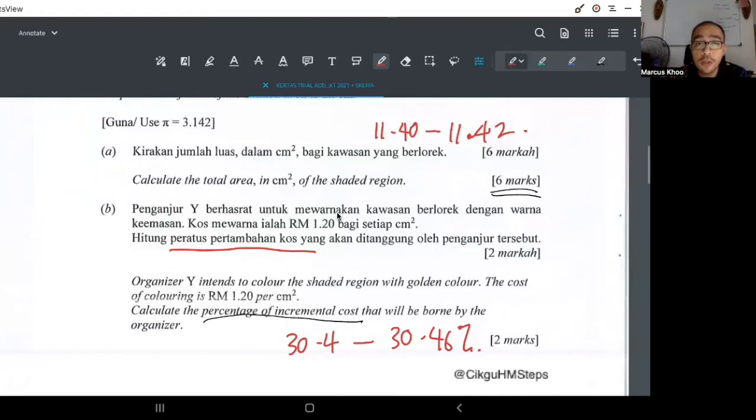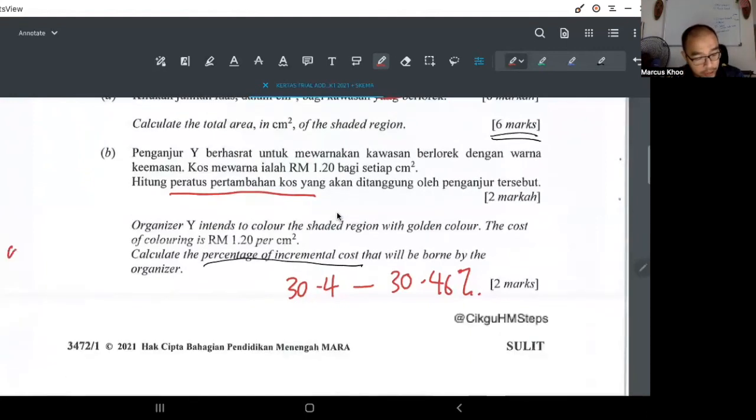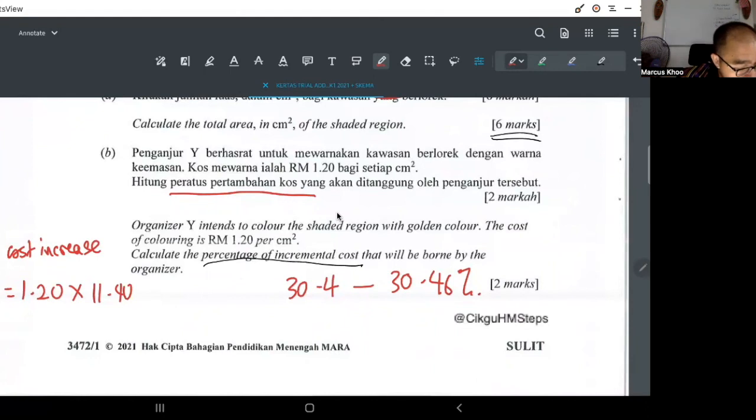So the cost for coloring is 1 ringgit 20 cent per centimeter squared. Let's say your answer is about 11.40. So the cost increase is 1 ringgit 20 times 11.40. 120 times 11.40 will be about 13 ringgit and 68 cent.